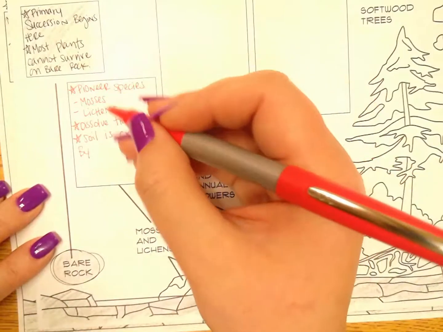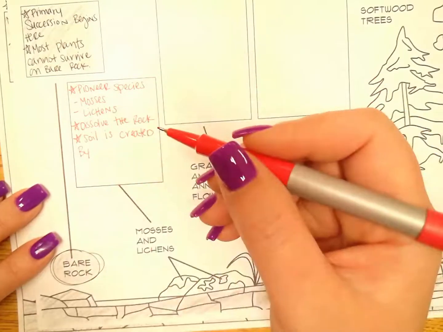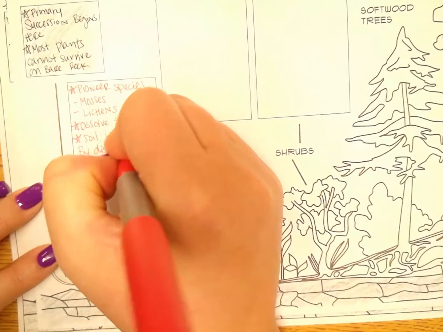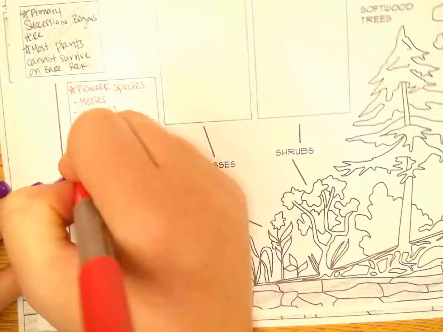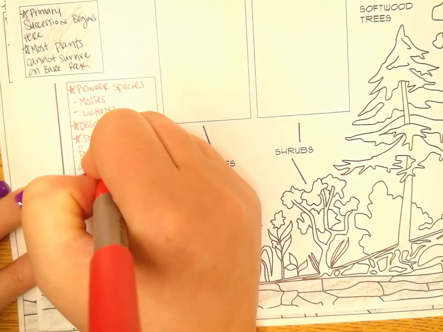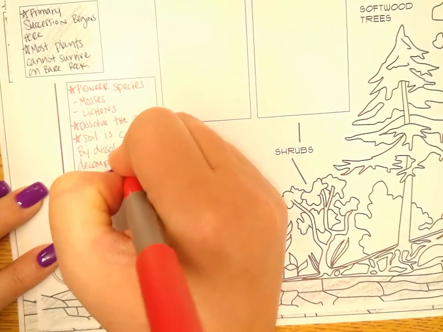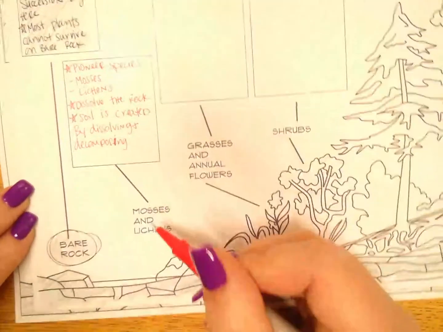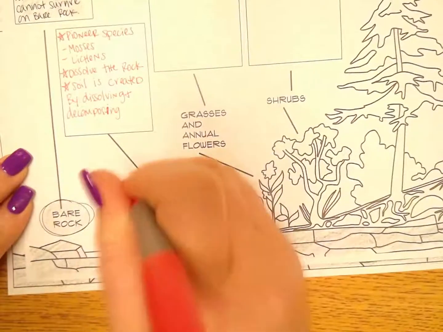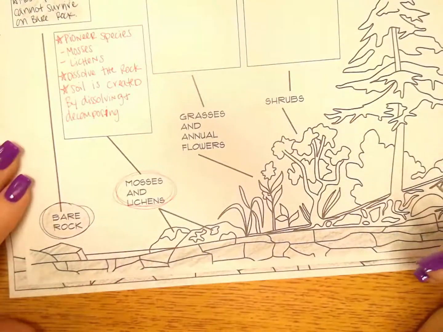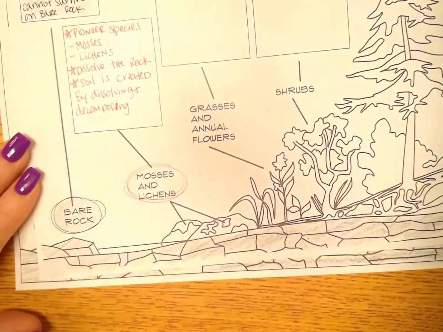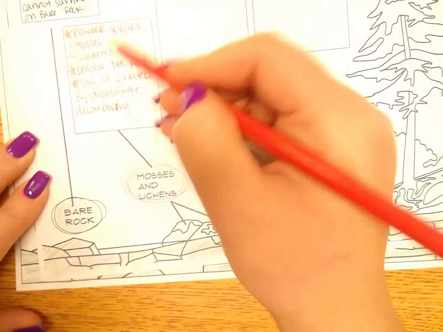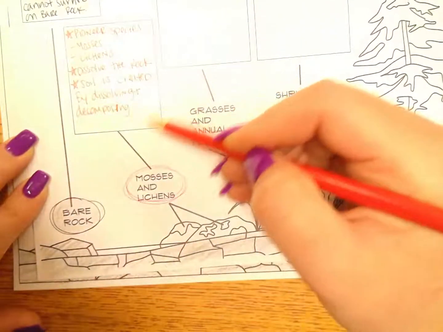These plants also die and they're added to the soil, kind of like composting. Okay, pioneer species like mosses and lichens are going to dissolve the rock. Therefore, that soil is created by dissolving and the decomposition of the mosses and lichens that live there.